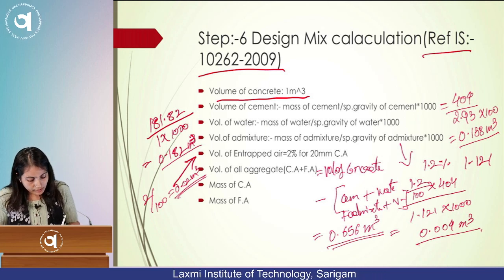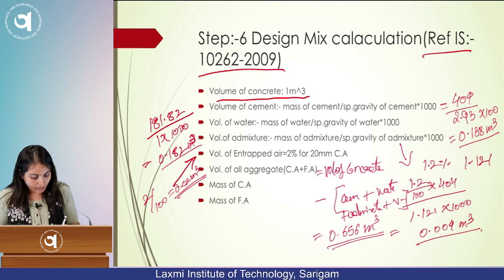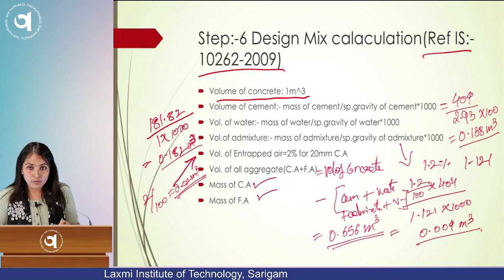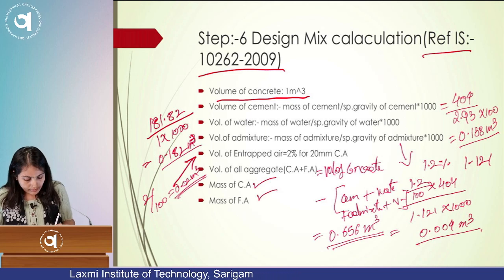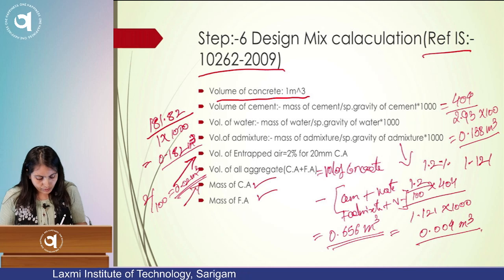For the proportion of trial mix, we need to calculate the mass of coarse aggregate and fine aggregate individually. How will we calculate the coarse aggregate?